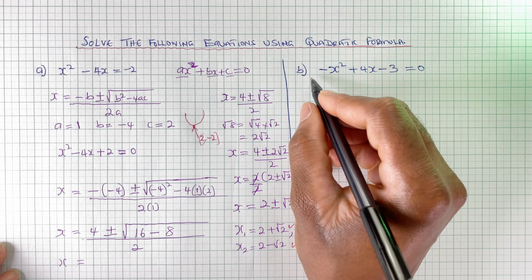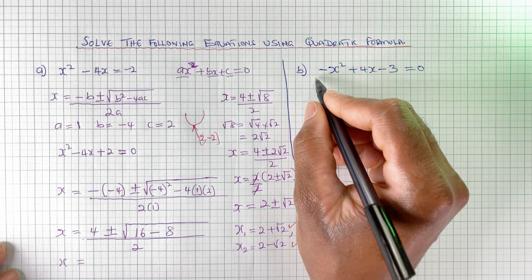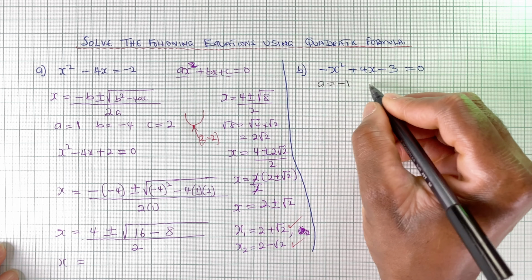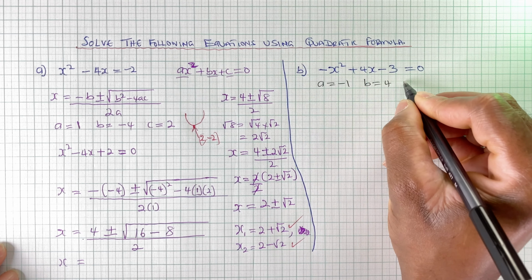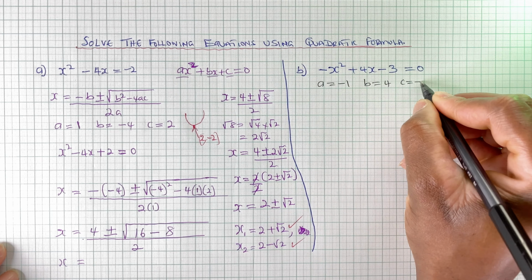So now let's do question B. In this case, this one looks like a general quadratic equation, so that's good, where A equals minus 1, because there's minus 1 here, B equals 4, and C equals minus 3.